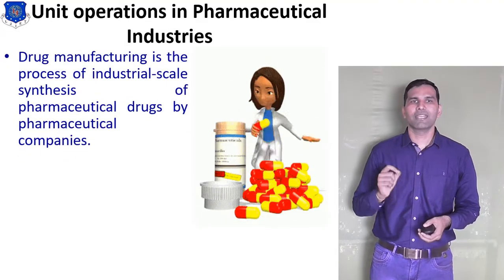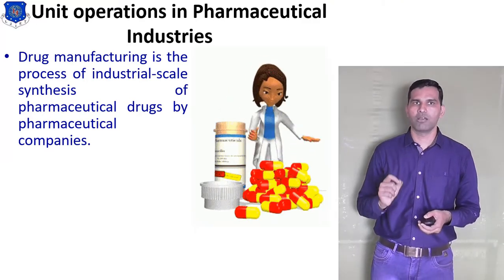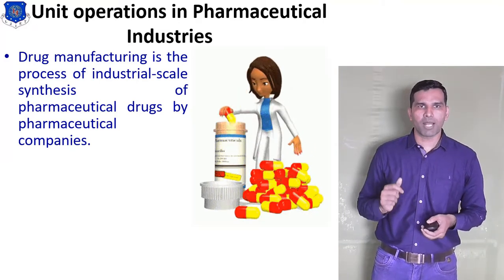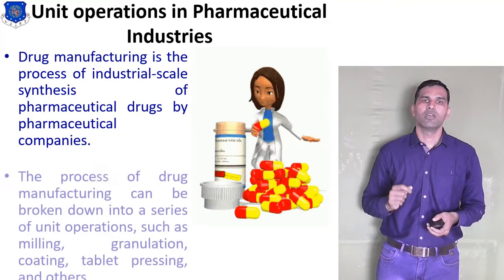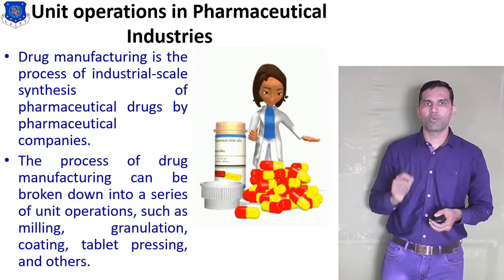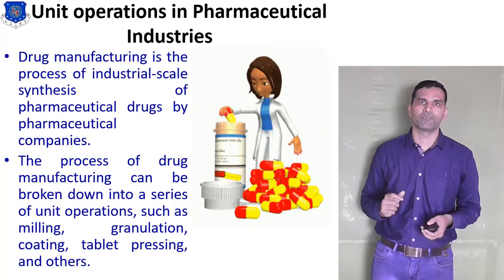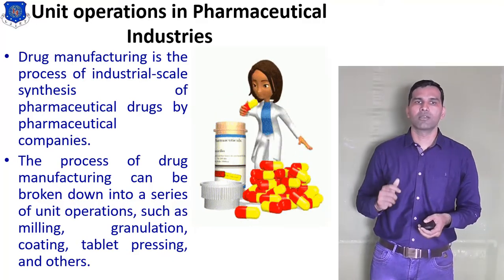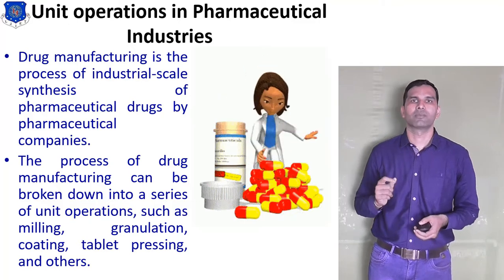Drug manufacturing is the process of industrial-scale synthesis of pharmaceutical drugs by pharmaceutical companies. The process of drug manufacturing can be broken down into a series of unit operations such as milling, granulation, coating, tablet pressing and many others.